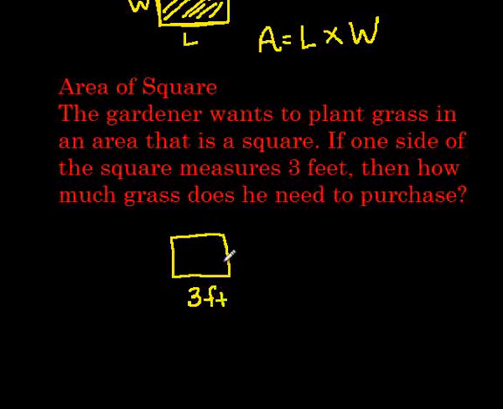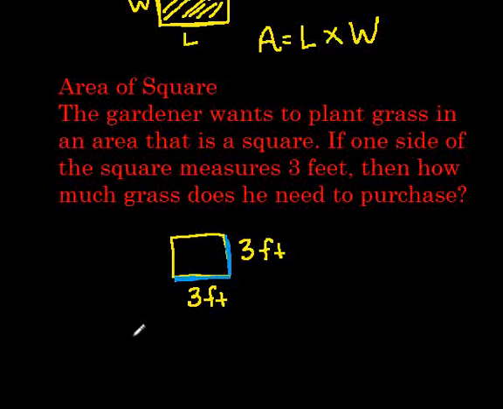In a square, all the sides are the same length, so this side is 3 feet also. We can call this distance our length and this distance our width, so we could just go 3 times 3. That would get me the area of this square.